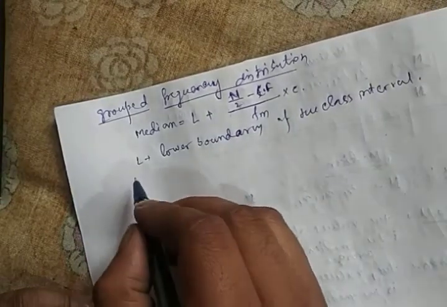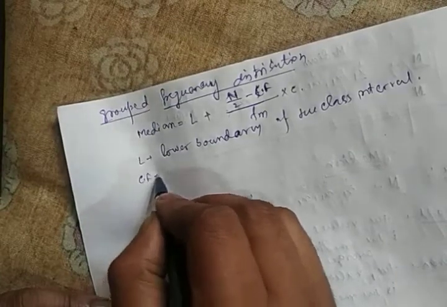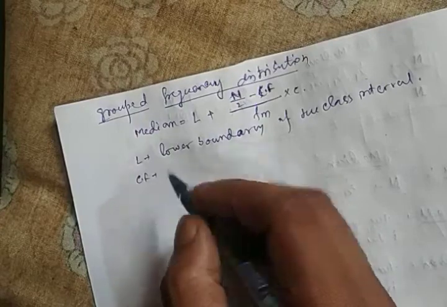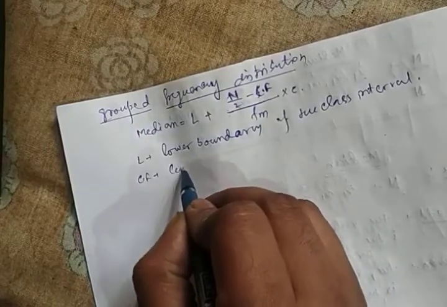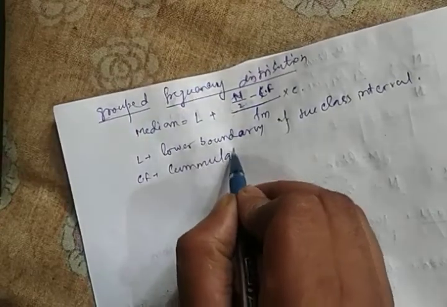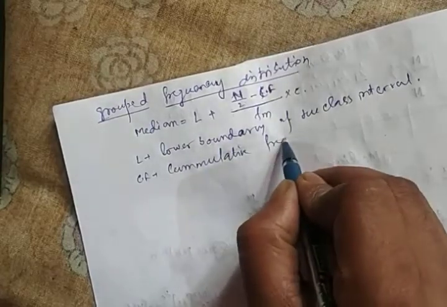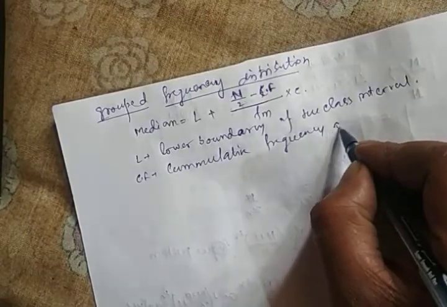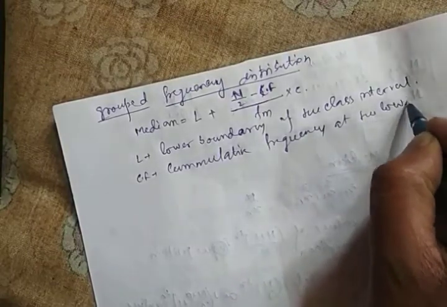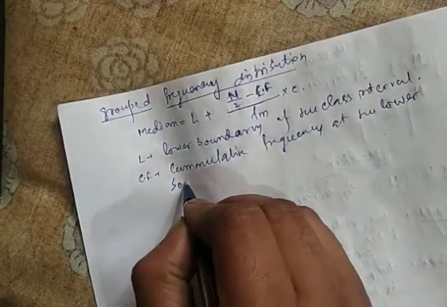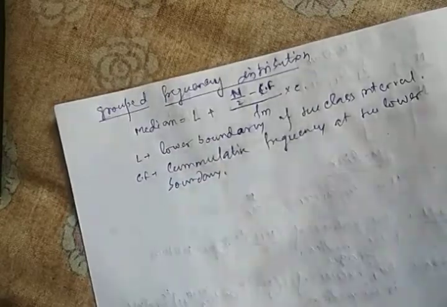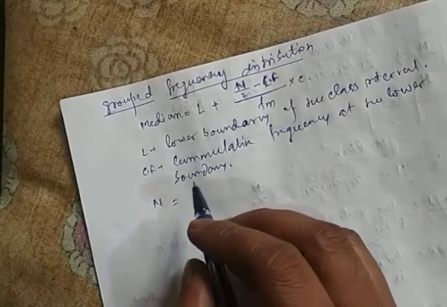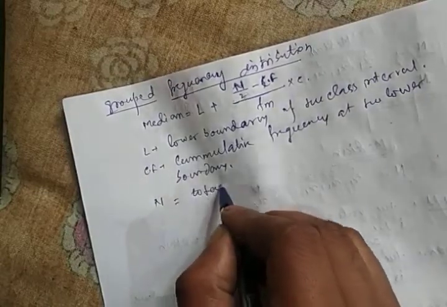CF is the cumulative frequency at the lower boundary. n is the total number of observations, that is, the total frequency.